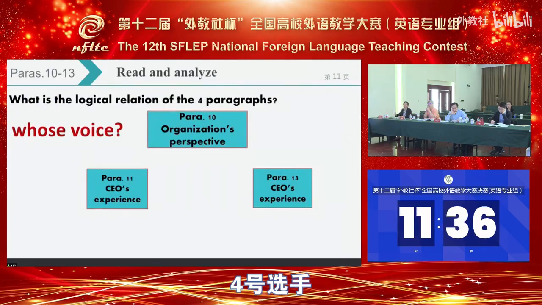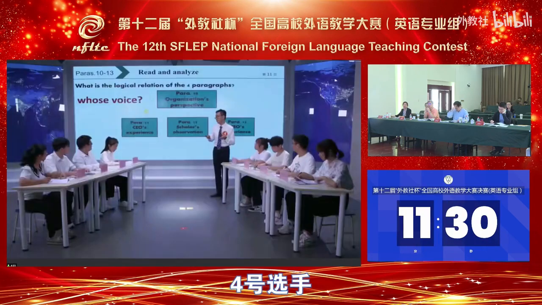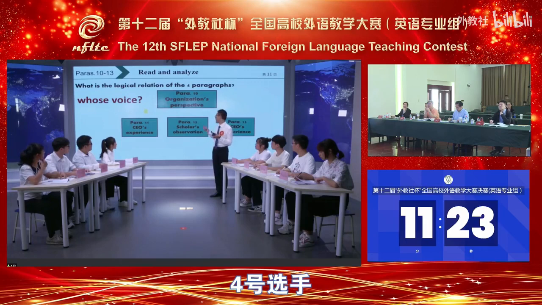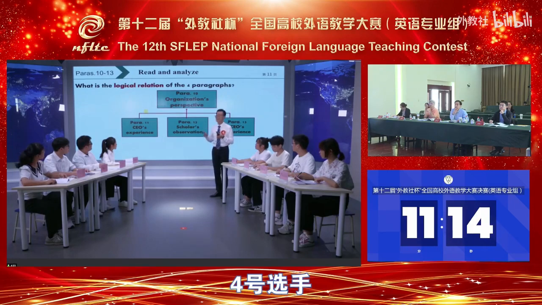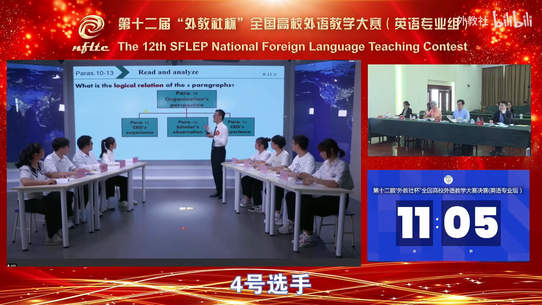And in paragraph 12, Gani is a professor of psychology, as inferred from paragraph 7. He gives the generalization of the features of successful employees from the perspective of a scholar. The last three paragraphs, to some extent, support the idea put forward in paragraph 10. Do you agree?